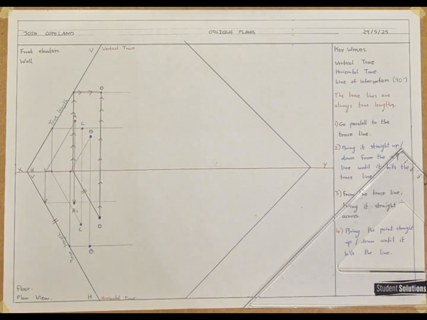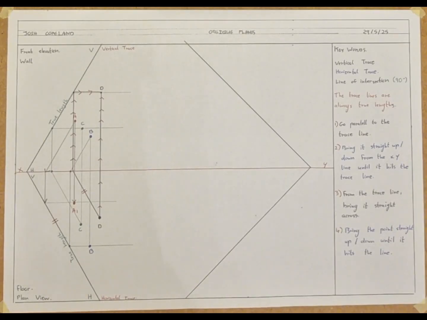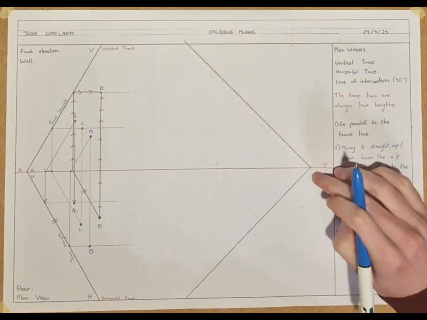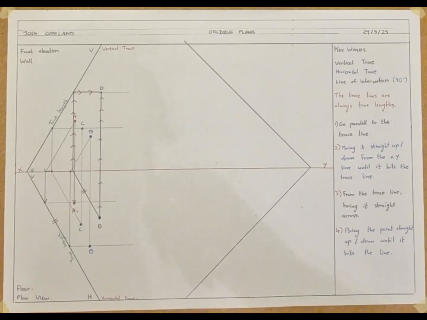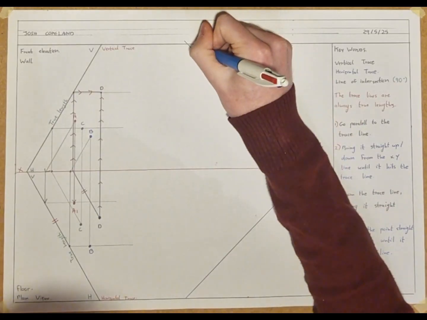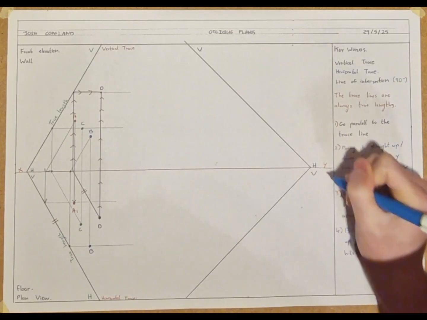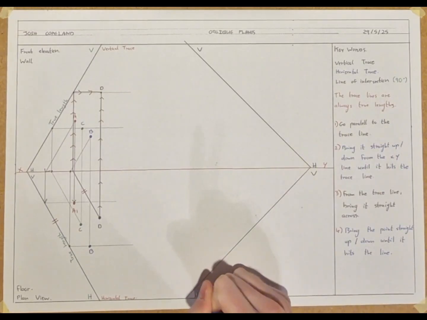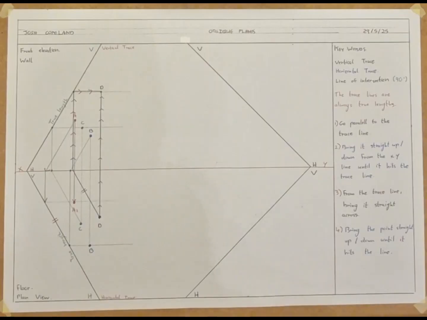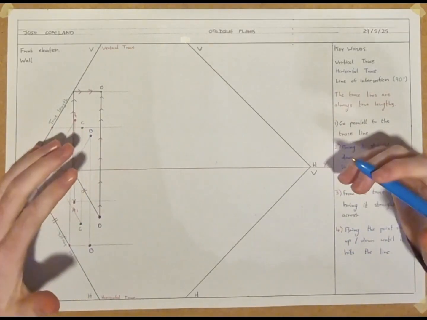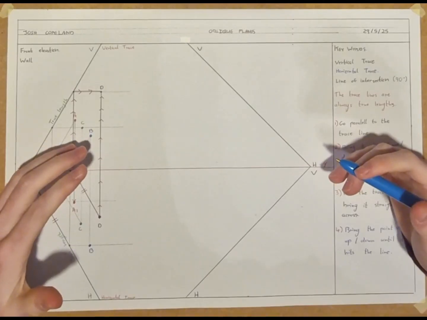Again, for continuity, we're going to label our vertical, horizontal, vertical, horizontal. So we've got our V, H, V, and H. In this example, instead of bringing just singular points down, we're going to try and bring a line down.